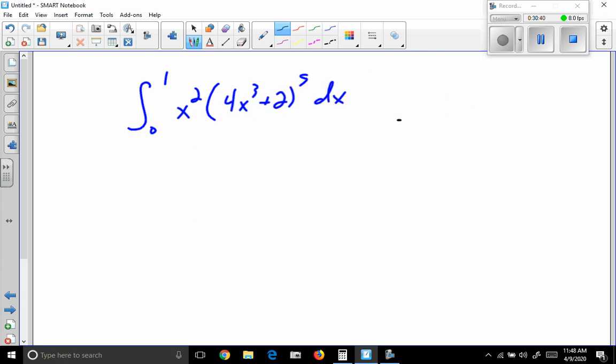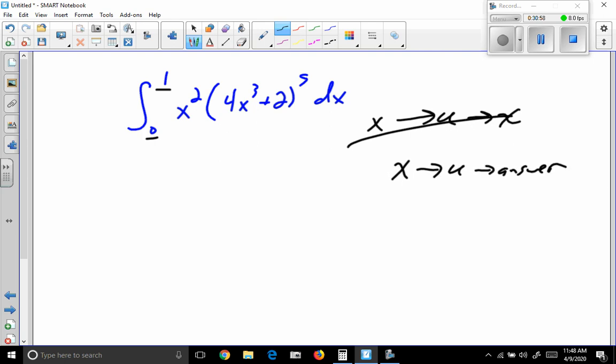This time, instead of changing from x to u and then having to go back to x, let's change everything to u and then leave it in terms of u to get our answer. Our substitution is going to come out the same. The u is what's on the inside, which makes du still 12x squared dx.